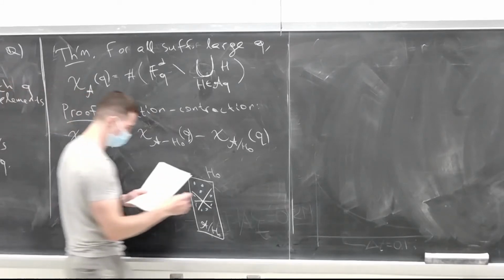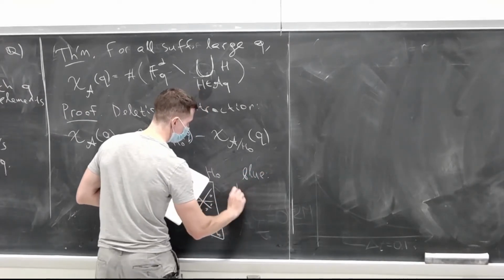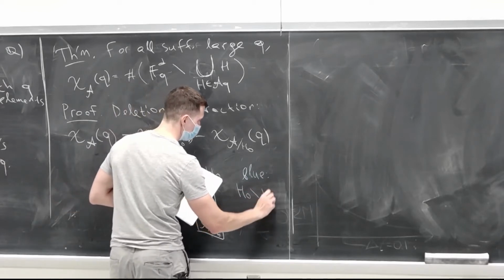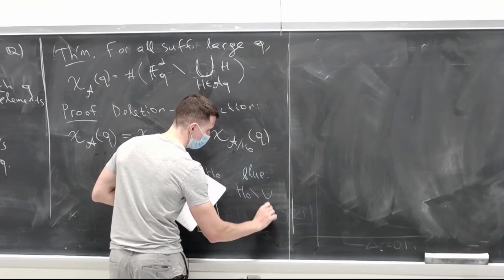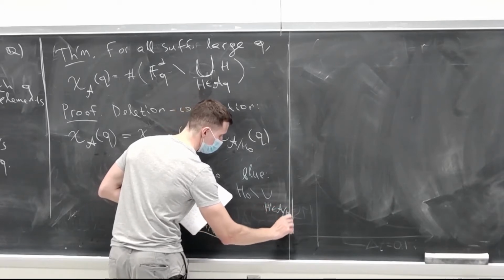So blue is, you take H0, which is over F_Q, and then you subtract the union of all H prime in A contract H0.